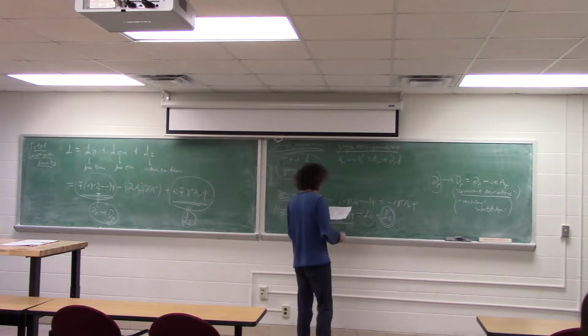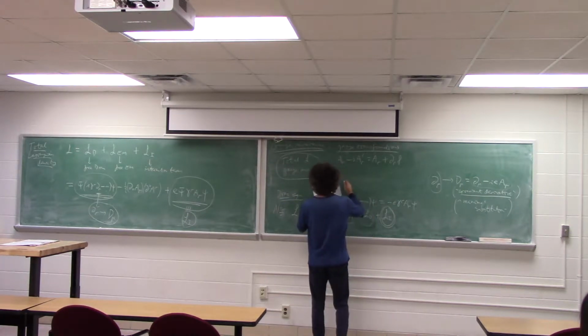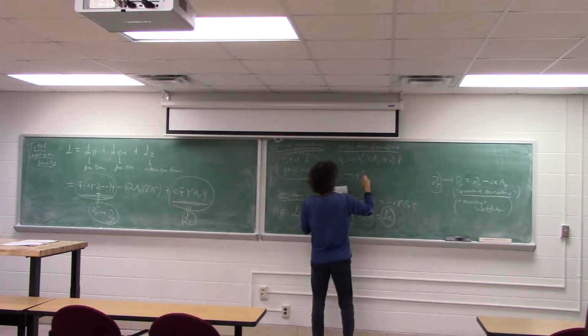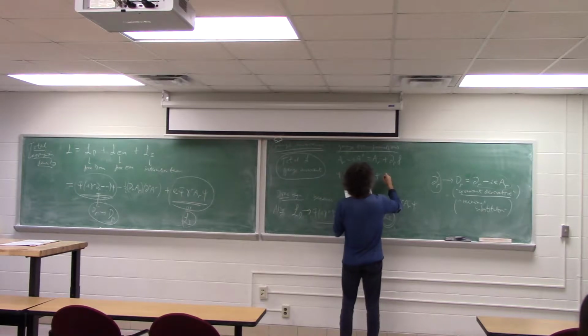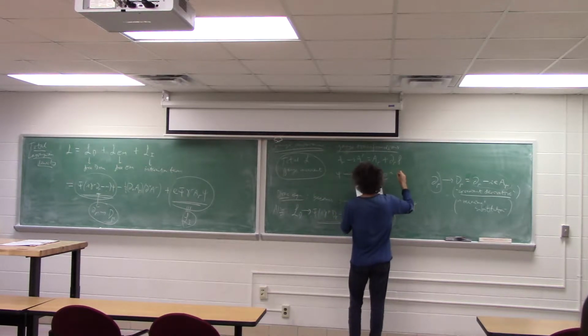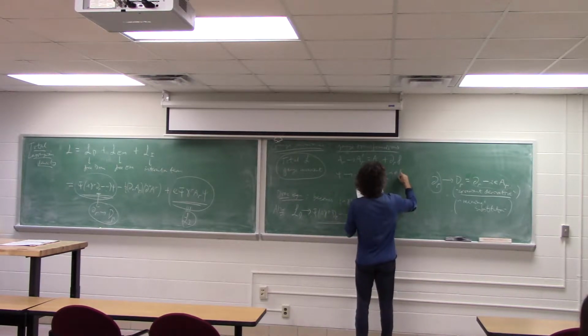Here there's a gauge transformation for the Dirac field, which is the following. The Dirac field is replaced by a new Dirac field, which is equal to the old one multiplied by e to the i e f.